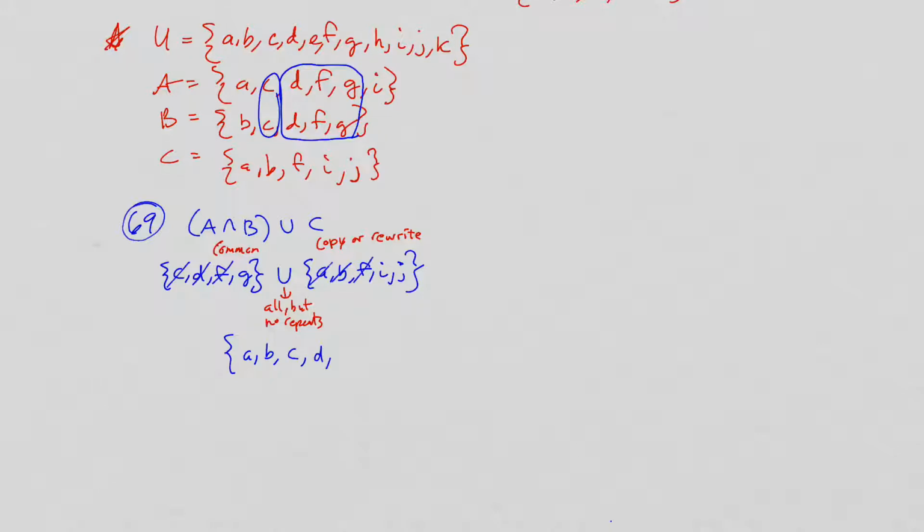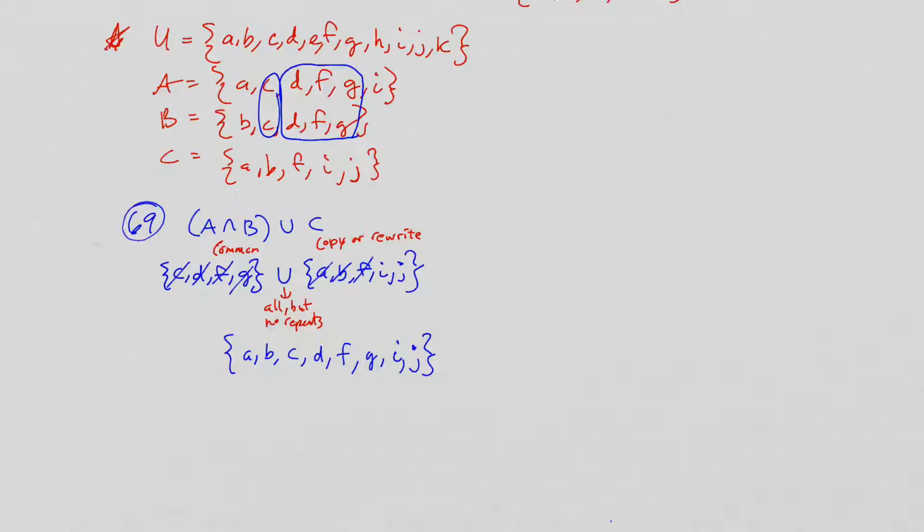Actually, both have F. Since they both have F, we're not going to write them twice. We're going to just write it once. But we can cross them out twice. And so A, B, C, D, E, F. Next is G. Is there a G? Yes. The left side has it. Is there an H? No. Is there an I? Yes. Is there a J? Yes. Is there a K? No.